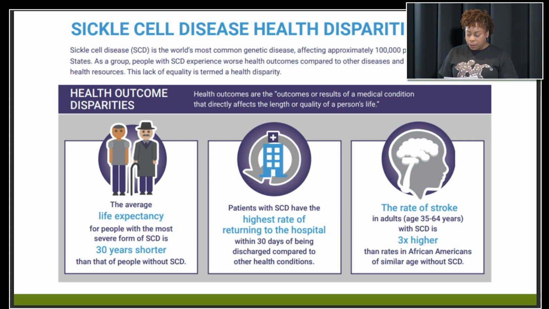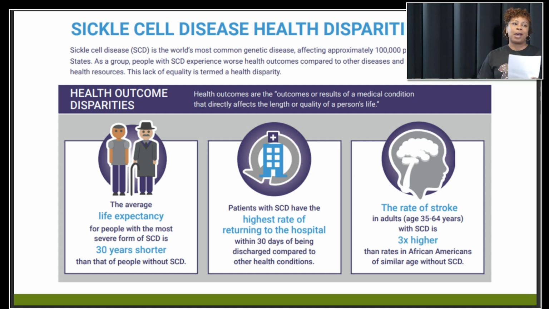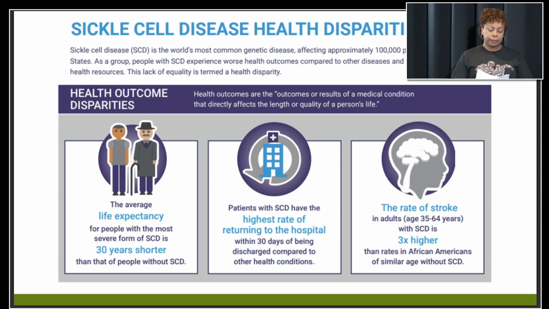Also, the rate of stroke for those who suffer sickle cell disease is 3 times higher than other African Americans that do not experience sickle cell disease. So it's really important to know those outcomes so that we can be the best advocate for our voice and explaining the why behind why it's important to be heard. Next slide, please.